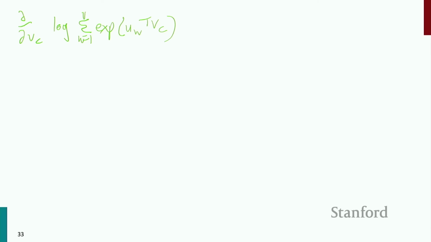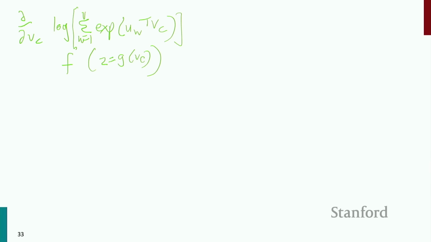So in particular, what we have to remember is the chain rule. Here we have this inside function, a function g of v_c, which we might say the output of that is z, and then we've put outside that an extra function f.